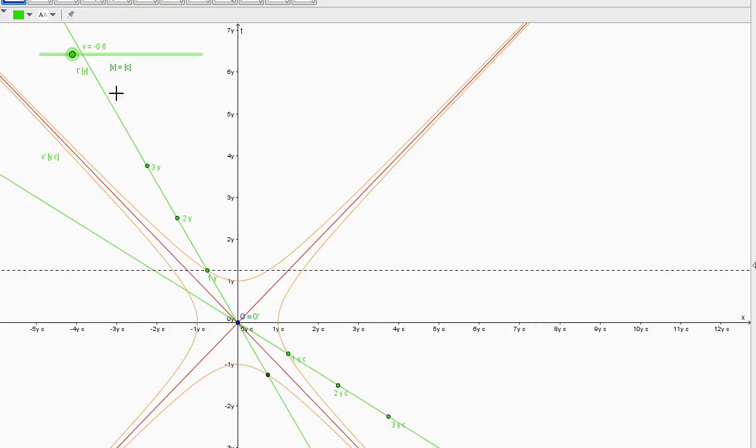This is the position of the S prime axes when the velocity is minus 0.6 c, that is the velocity during the spaceship return. The movement is correctly from the higher x values to the lower x values.